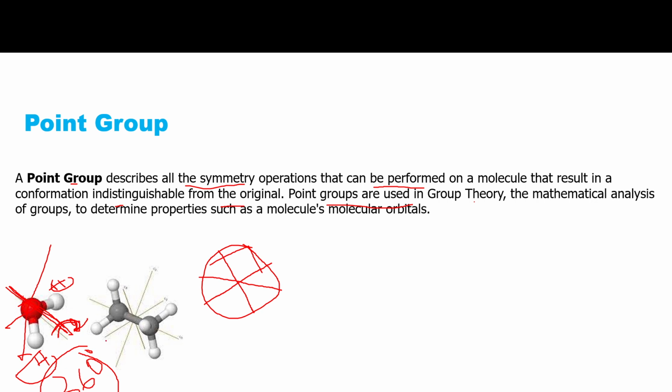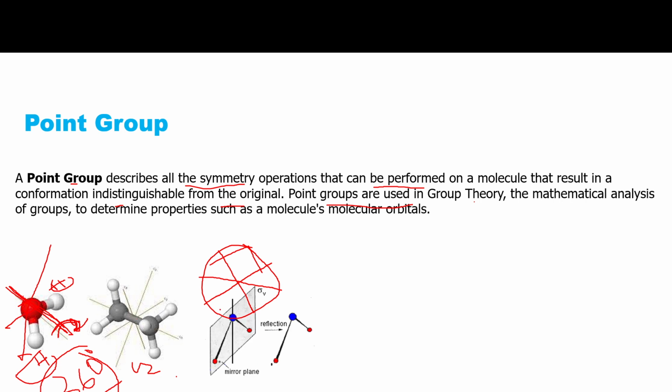After that rotation, if the molecule gives the same molecule after 180 degree rotation, the rotation is 360 divided by 180, that is the C2 rotation. Like that you can tell. Various C2 axes are possible in such a molecule.